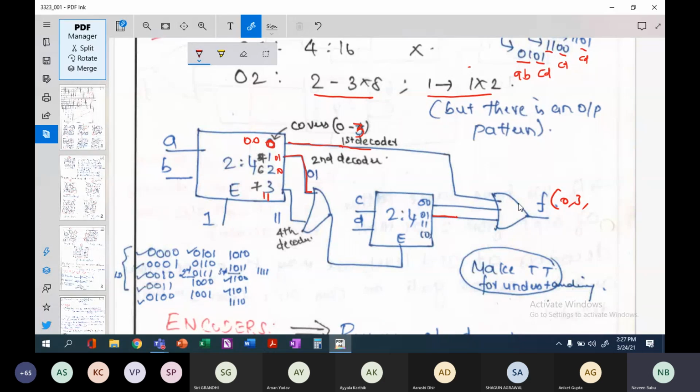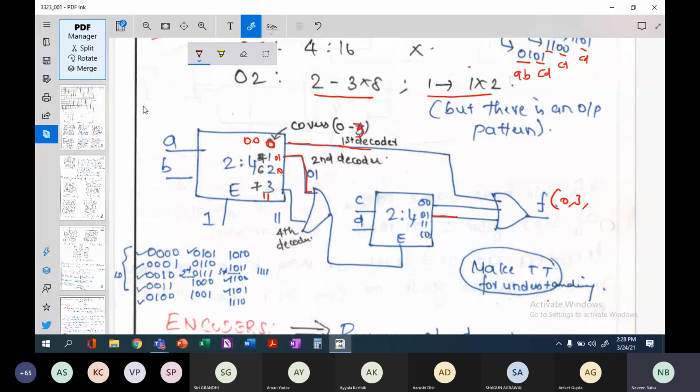If you want, you can create a truth table and then you understand. Maybe quickly I can tell you here. These are the four variable input combinations, that is 0 0 0 0, 0 0 0 1, likewise. We all know that if you want to implement a 16 minterm function, you need how many decoders?